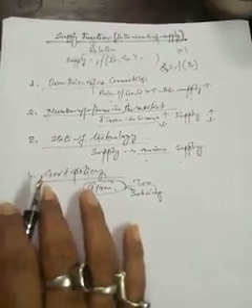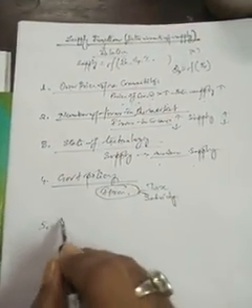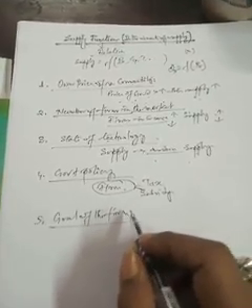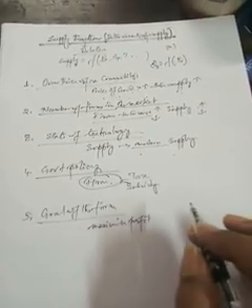Fifth is goal of the farm. If the aim or goal of the farm is to maximize profit only, then what will happen?